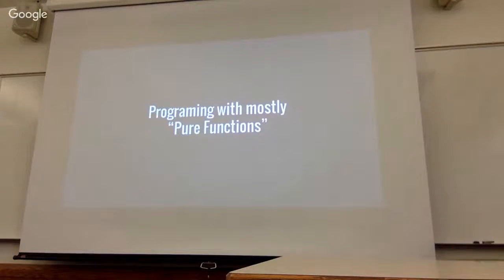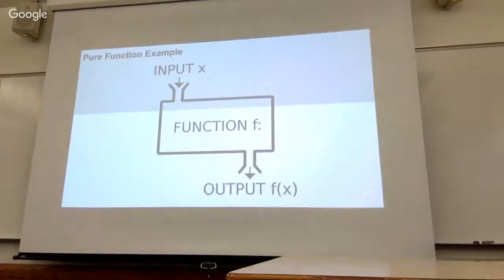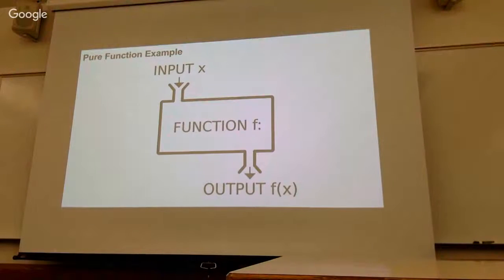So what makes a pure function different than a normal function that we're used to in C++ or whatever language you prefer? So this is basically an example of a pure function. You may have seen similar diagrams in a calculus or some other class like that. Basically it has only two or maybe three parts.